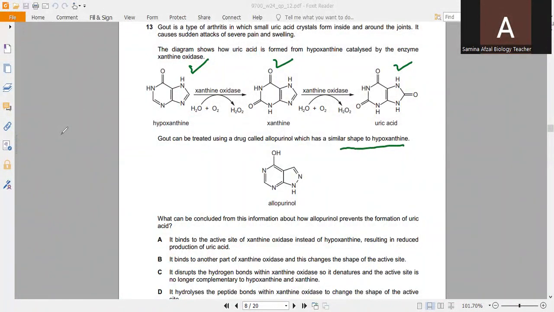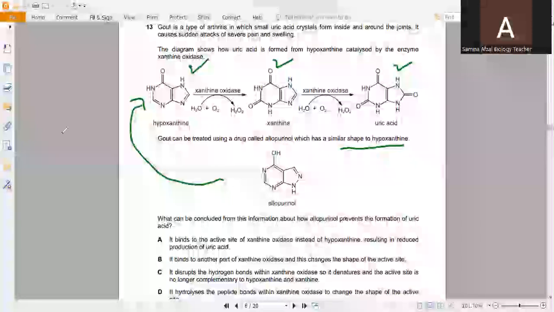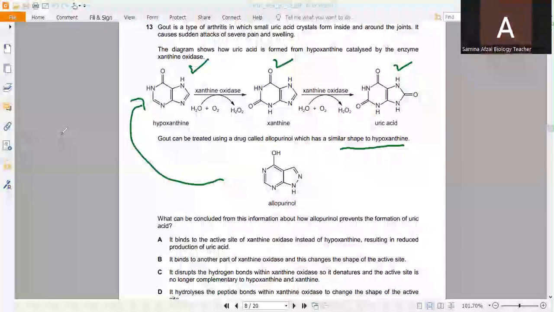In the previous MCQ, I told you that when there is competitive inhibition, the inhibitor will be of the same shape as the substrate molecule, so it will try to bind on the active site. So here in this case, as allopurinol has a similar shape to hypoxanthine, it will try to bind itself on the active site.